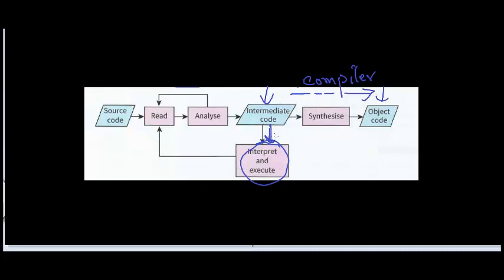However, the interpreter takes this route. It interprets that code, it executes that code, and then it goes to read the next line. So the interpreter executes line by line, whereas the compiler would create the entire object code. So that's the difference between an interpreter and a compiler.